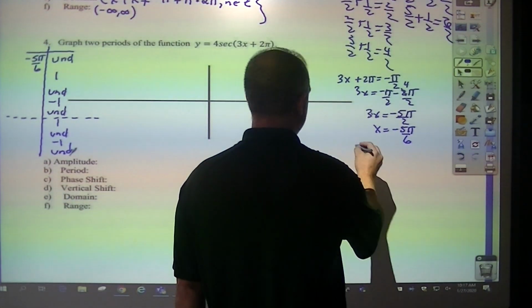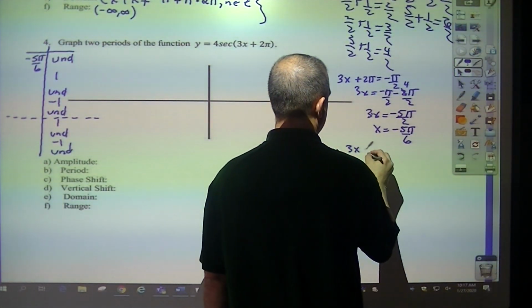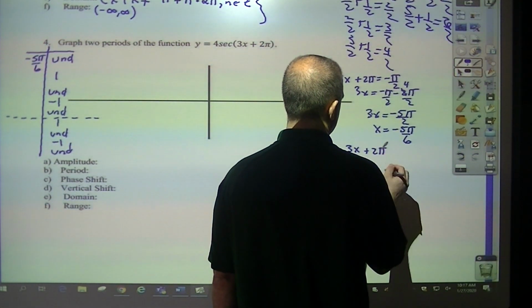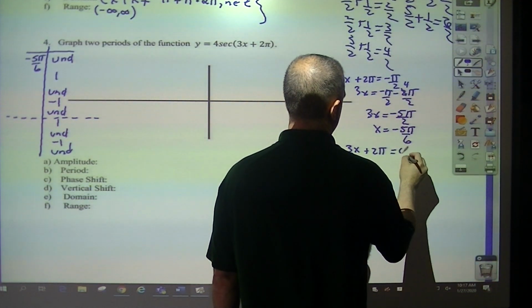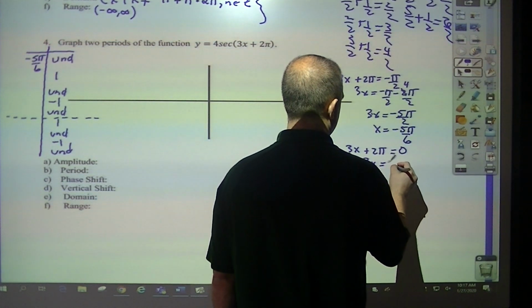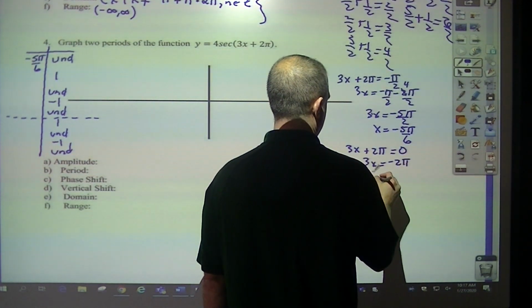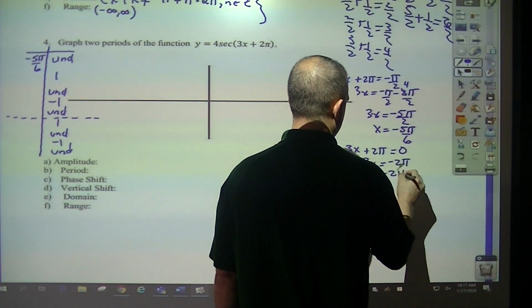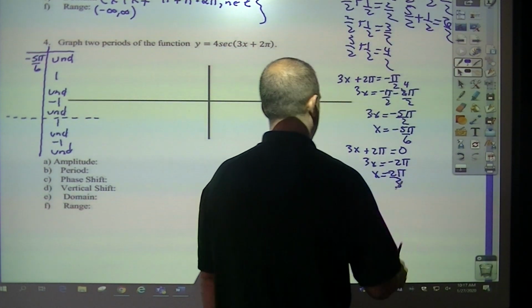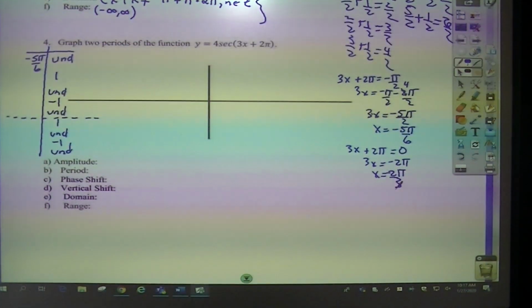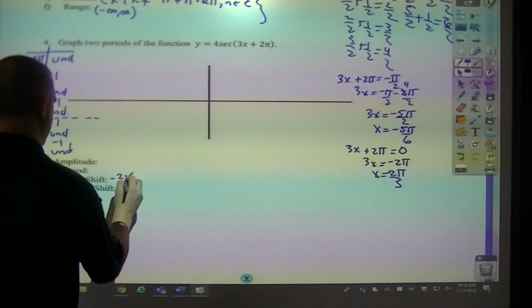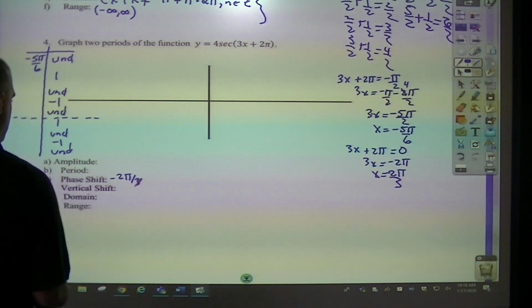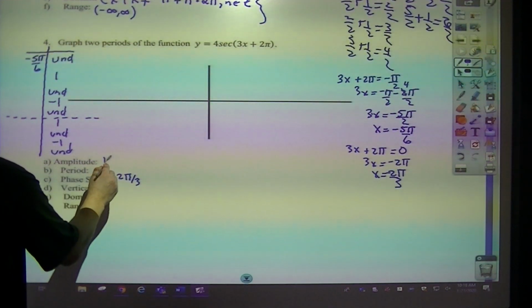I would still want to figure out what my phase shift would be: 3x equals negative 2 pi, so x equals negative 2 pi over 3. So my phase shift is negative 2 pi over 3. My amplitude will be 4.